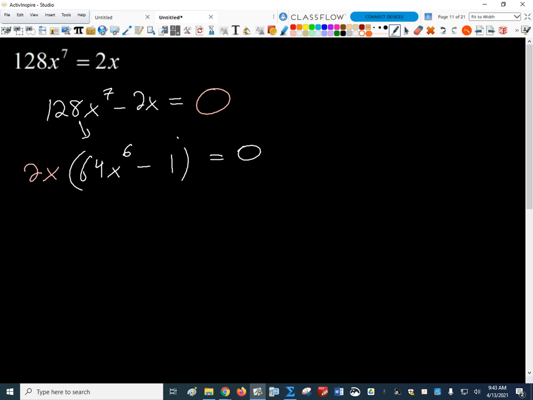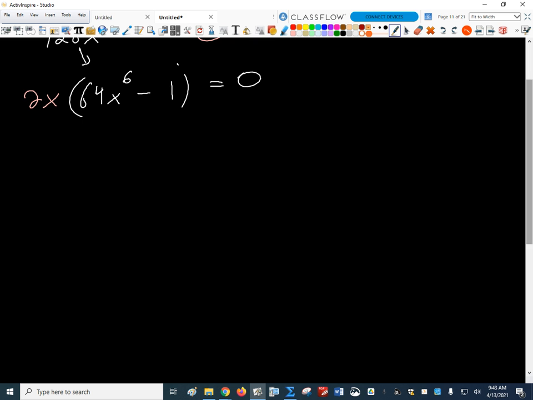Okay, now this one we could do as long as we remember, I want to break this up into a difference of squares first, right? And we won't even do the whole thing. But I could split this up then into 2x times, if I think of this as being eight x cubed squared minus 1 squared.